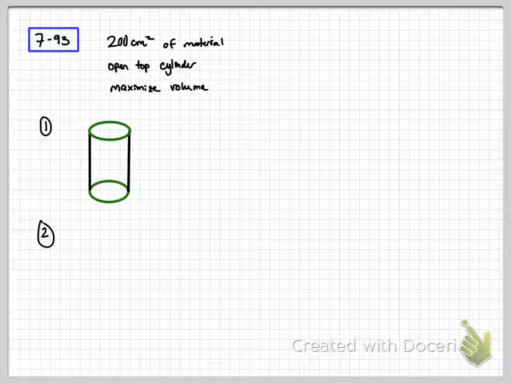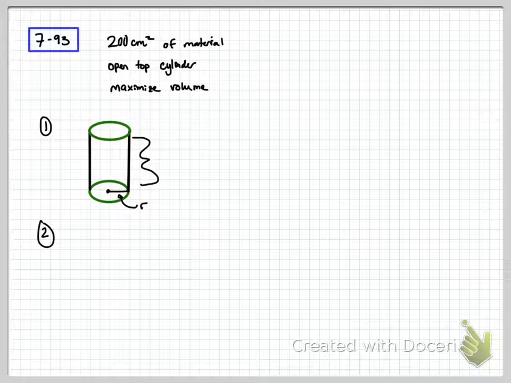We also know that we got to identify our variables. So this bottom shape's a circle, so we can call this our radius. We can call this the height of the can.